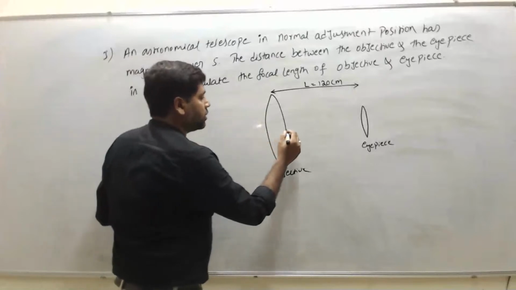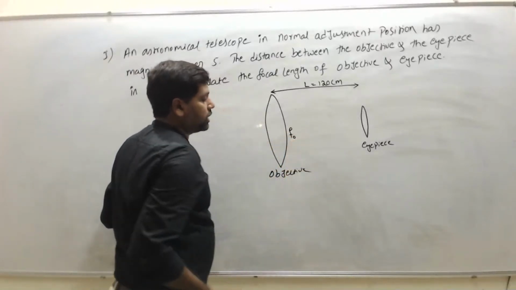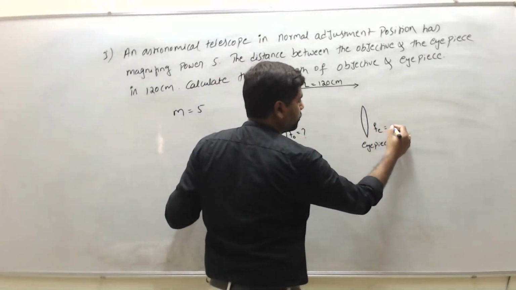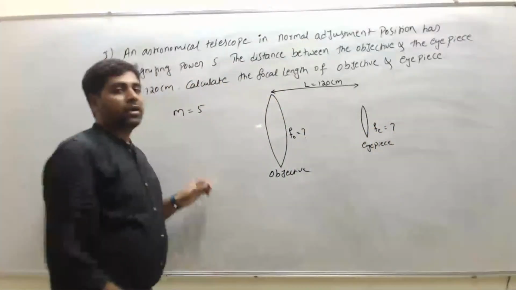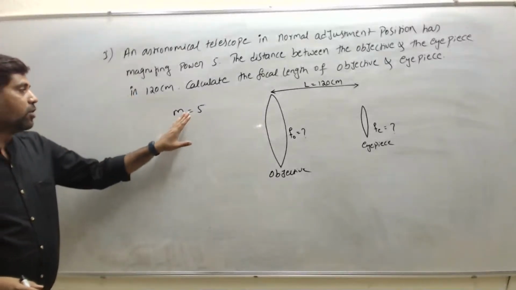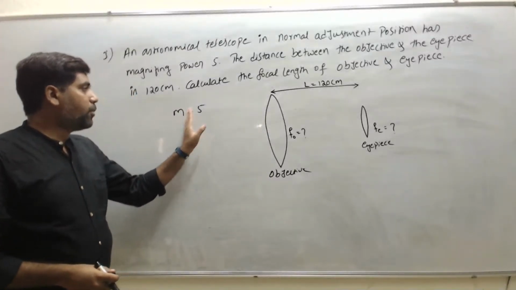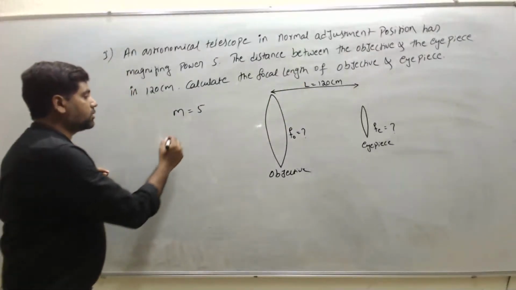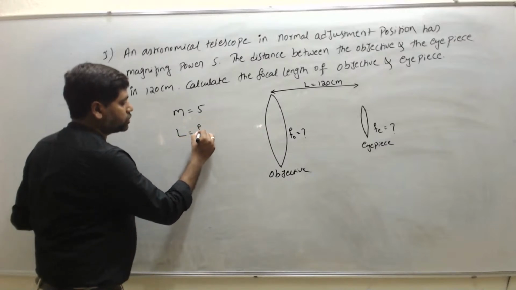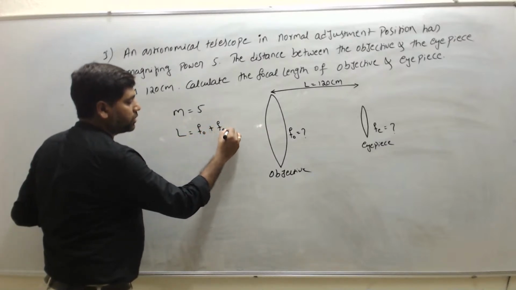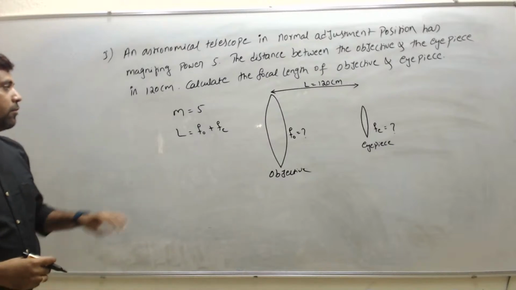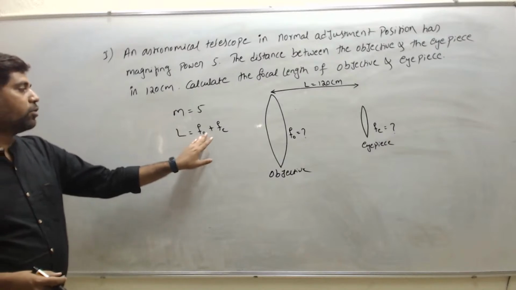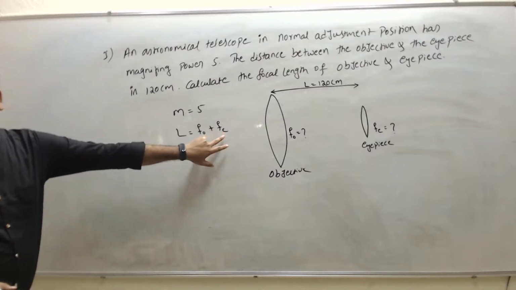We have to calculate the focal length of the objective, that is FO, and the focal length of the eyepiece, that is FE. They have given only the magnifying power and the length of the telescope. We know that the length of the telescope L is equal to FO plus FE. We have only these two relations. We have to find out FO and FE.